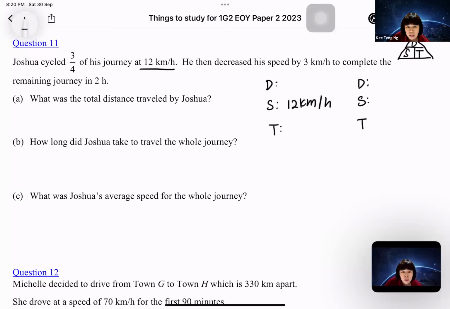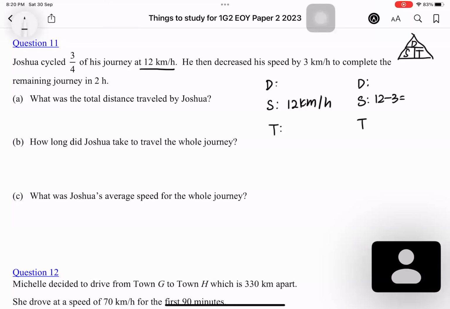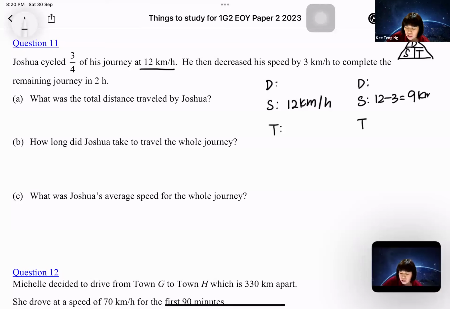The decrease in the speed is now 9 kilometers per hour. Very good. And then to complete the remaining journey in 2 hours. What is the total distance traveled by Joshua?